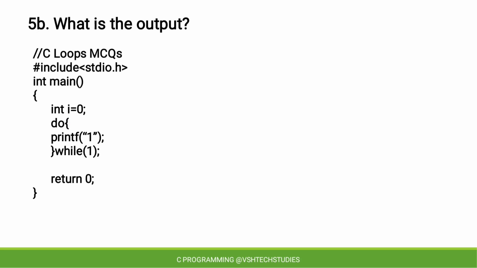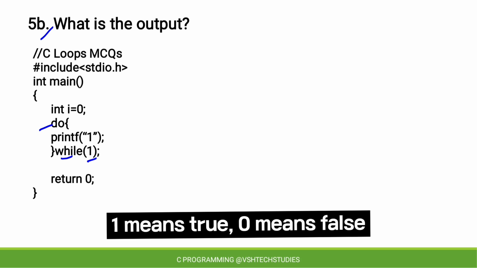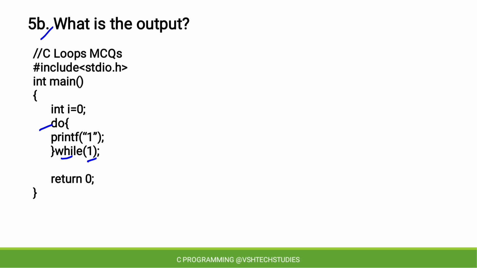So next in question 5b, a do while loop is present here. The condition, if you check, is while 1, means 1 is always equal to 1 and it is true. So when the condition is always true, this loop body, from starting here to here, one statement printing of 1, continuously gets executed, that is repeatedly.